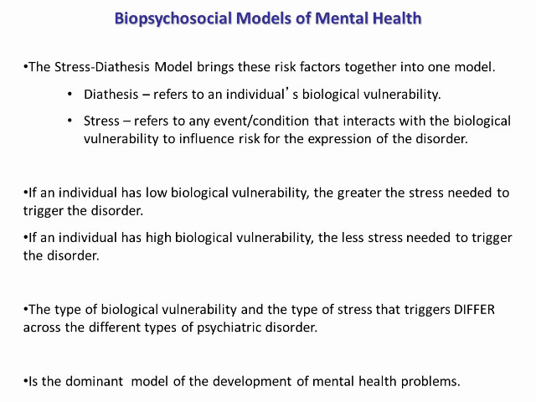It's generally thought, although I'm not entirely convinced, that if an individual has lower biological vulnerability, they need more stress to trigger the disorder. Whereas if you've got a high biological vulnerability, it's thought that you probably need less stress. So there's thought to be some sort of individual difference there. And I've had to put this slide up and quickly speak about it because it is the dominant model of mental health within the field.